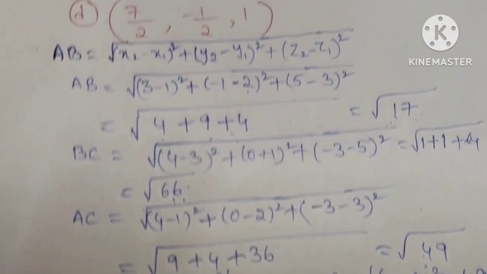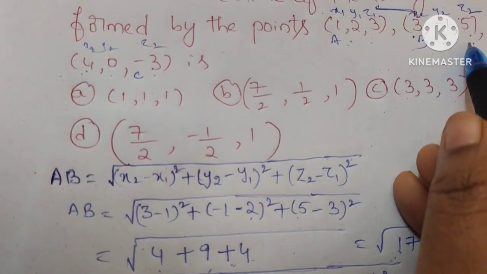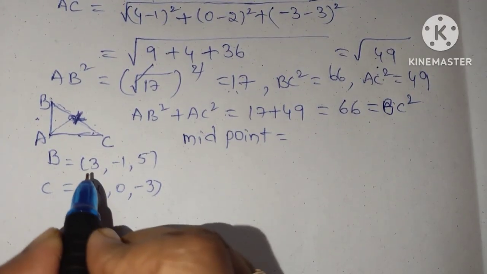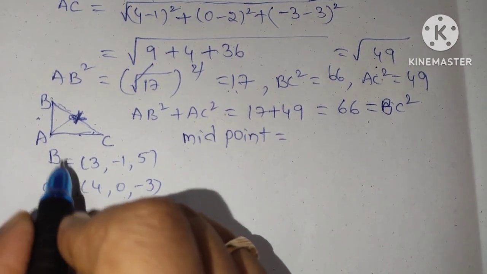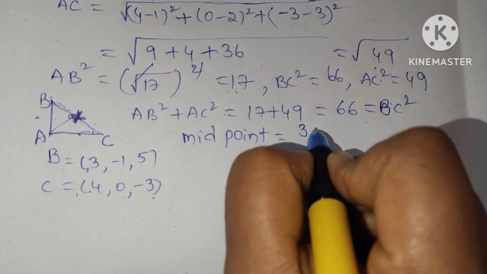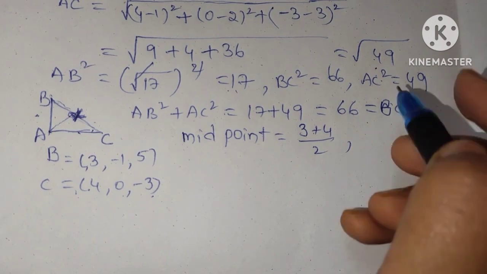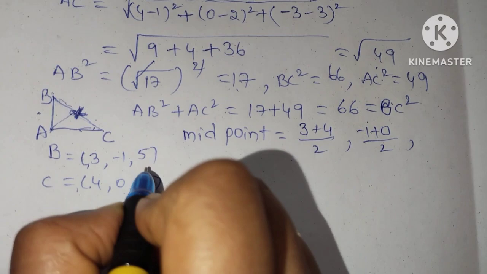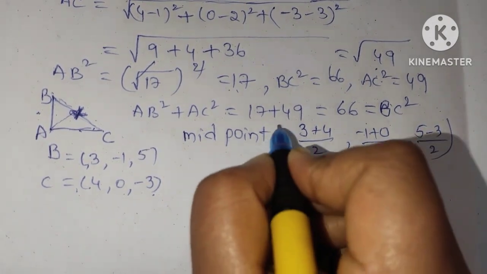B point in the question is (3, -1, 5) and C point is (4, 0, -3). The midpoint of B and C is ((x1 plus x2) by 2, (y1 plus y2) by 2, (z1 plus z2) by 2). That is 3 plus 4 by 2, minus 1 plus 0 by 2, and 5 minus 3 by 2.